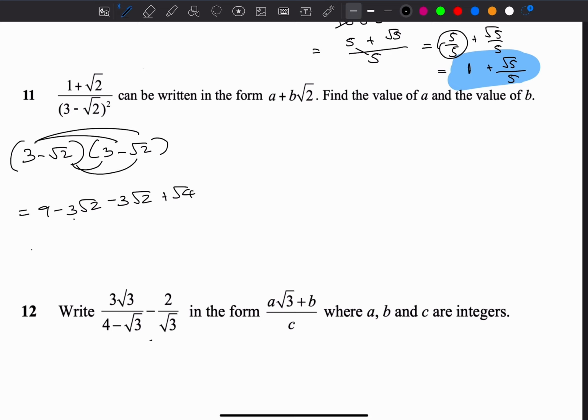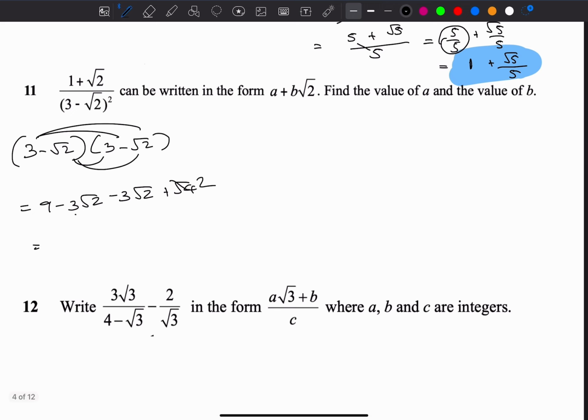That root 4 is 2. Remember none of the middle cancel because it's not the opposite sign, it's just a square. They just decided to do a square for us. 9 add 2 is 11 minus 6 root 2. So the question will be rewritten 1 plus root 2 over 11 minus 6 root 2.